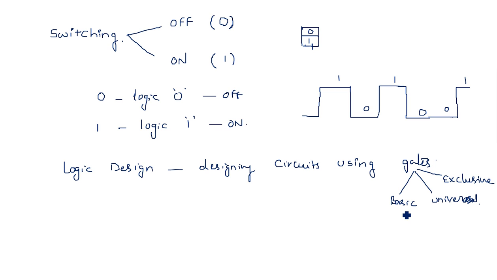Basic gates are AND gate, OR gate, NOT gate. Universal gates are NOR gate and NAND gate, and exclusive gates are XOR and XNOR. We implement logic circuits using these logic gating circuits. That's why it is known as logic design. This is the introduction to switching theory and logic design.